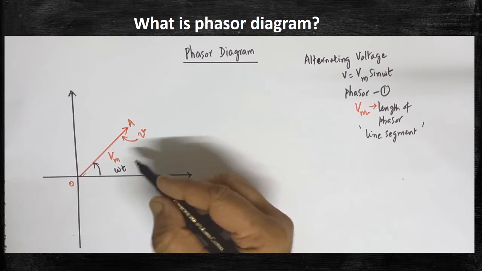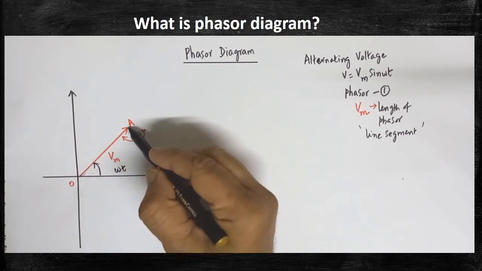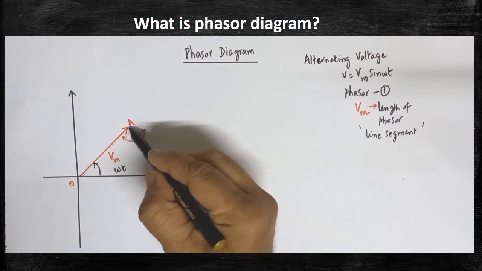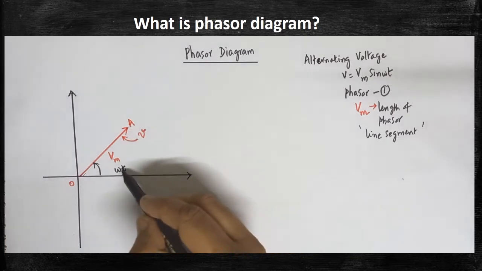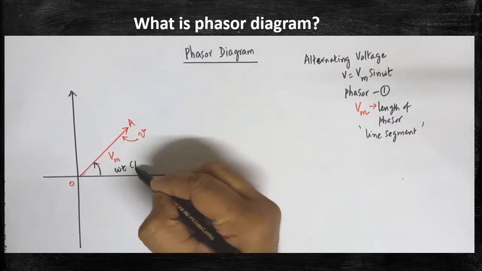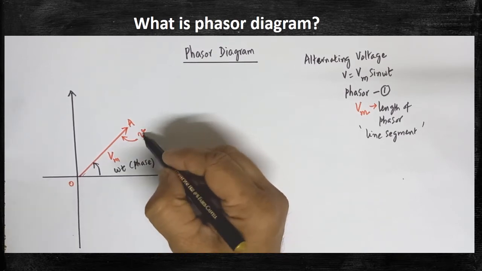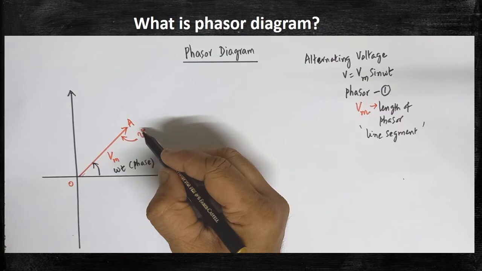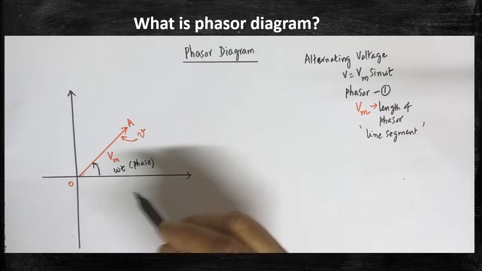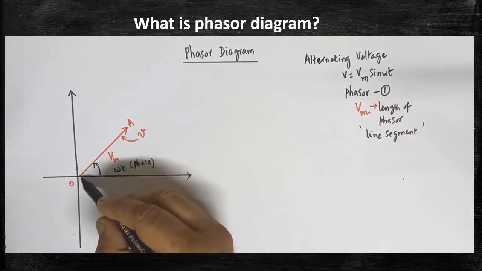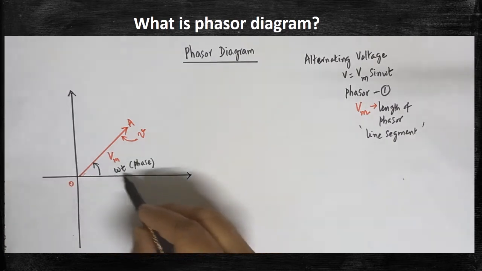The angle between the phasor, that is the instantaneous voltage, and the x-axis is omega t, the phase of the instantaneous value of this voltage. So, the angle between OA and the x-axis, omega t, gives you the phase of the instantaneous voltage.